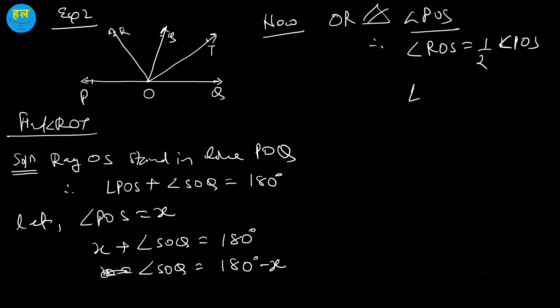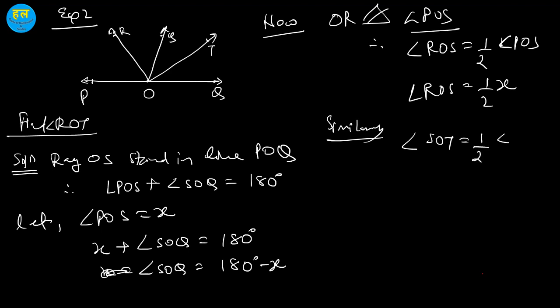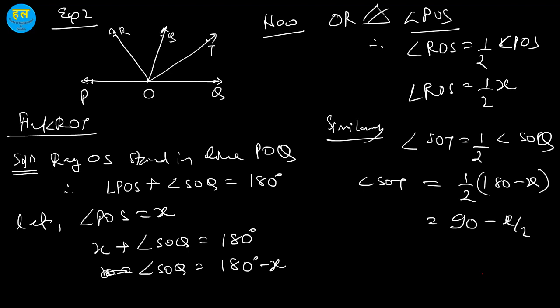That means angle ROS will be half of x. Similarly, angle SOT will be half of angle SOQ. That means angle SOT will be half of 180 minus x, or we can say that 90 minus x upon 2.